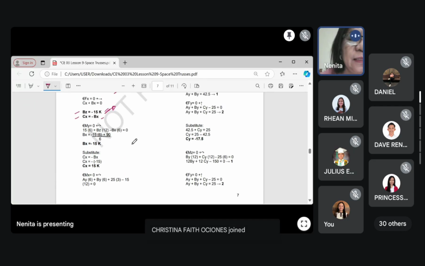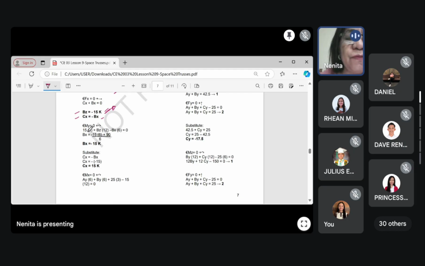Okay? So pagka-class along the y, di tayo magko-consider ng y force or y reaction because wala siyang moment arm. Ang kino-consider lang natin ay x and z at saka yung force not on the y. Yun ang inyong babantayan. Okay? Pag nagmo-moment kayo. Kasi ang moment na ay moment arm.